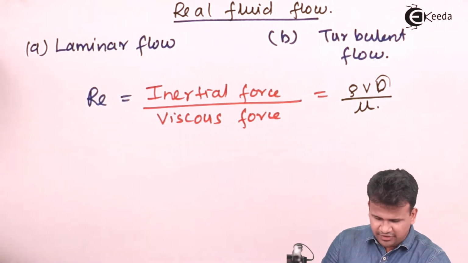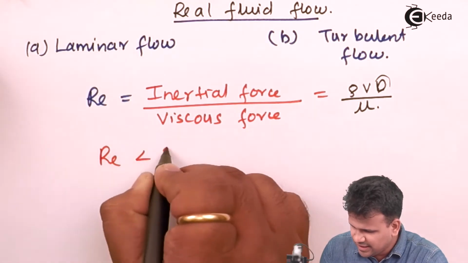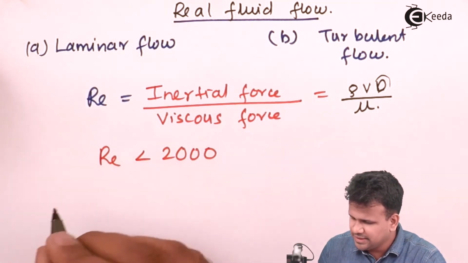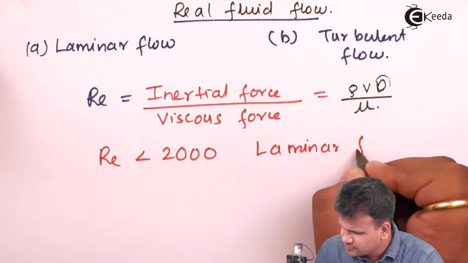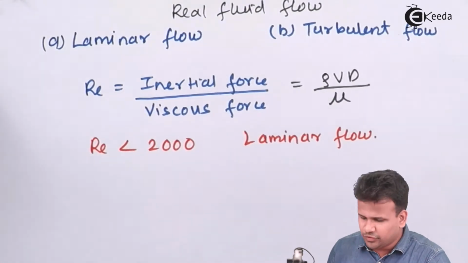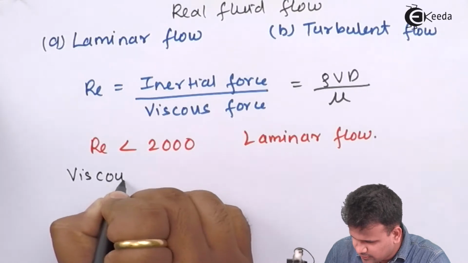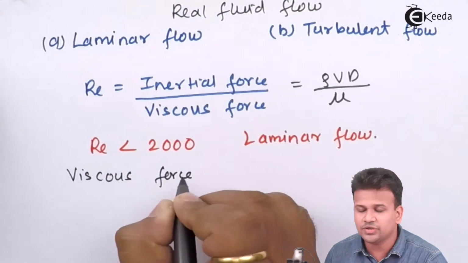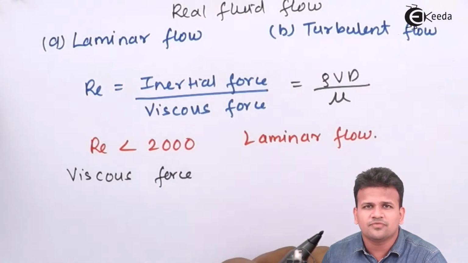Now, if the Reynolds number is less than 2000, then it is called laminar flow. So, in laminar flow, the viscous force acting on the fluid dominates the inertial force.